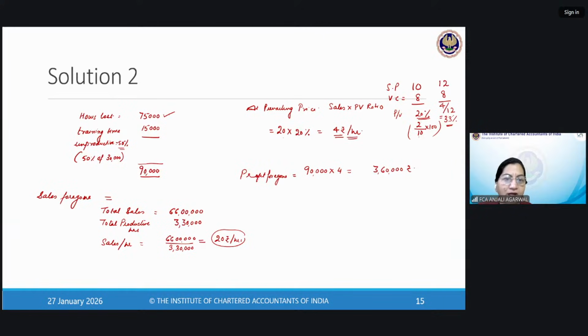But here the productive hours lost is 90,000. So 90,000 into 20, 18 lakhs would have been additional sales, and 20% of additional 18 lakhs would have got us 3,60,000 more profit. All right.